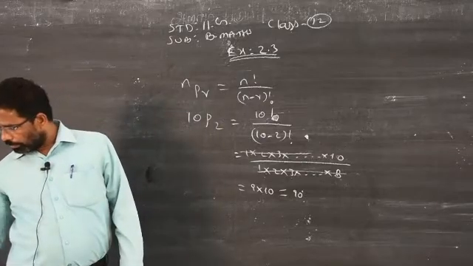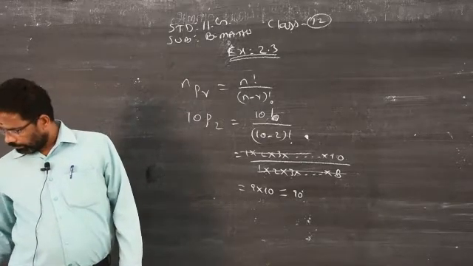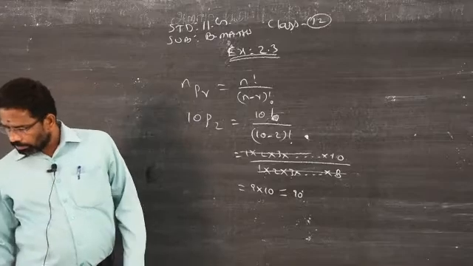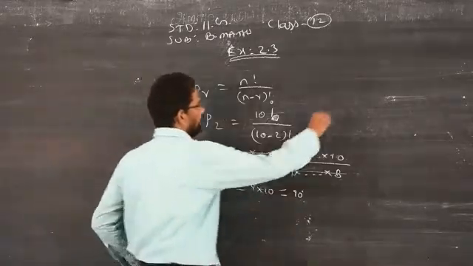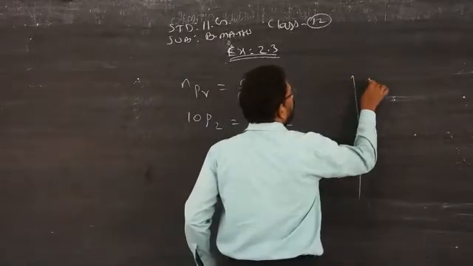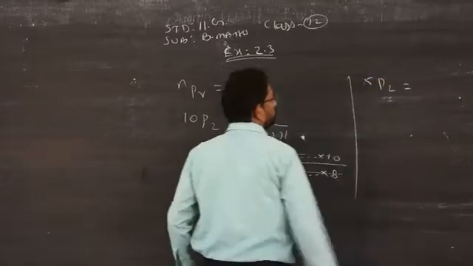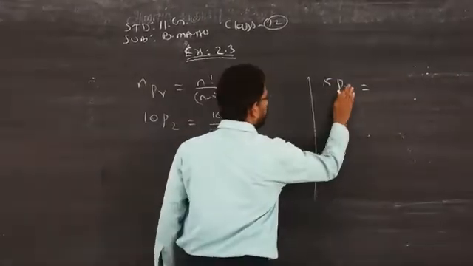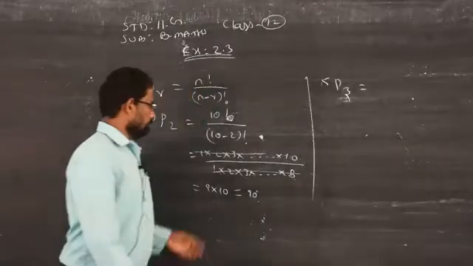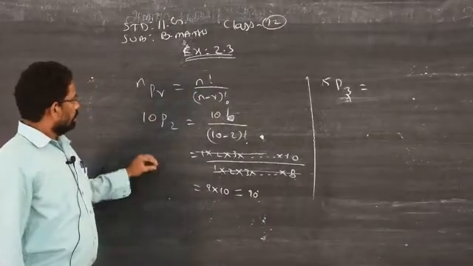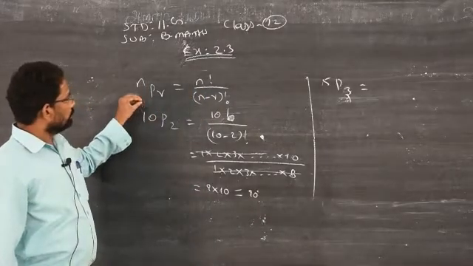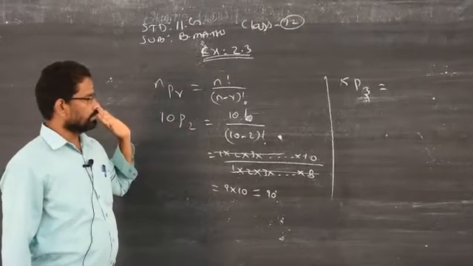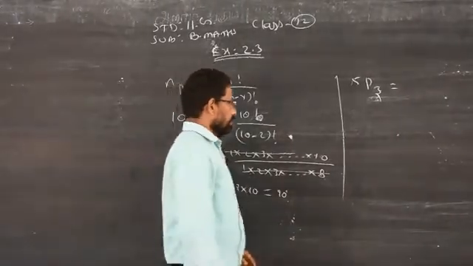We will see one more problem in the same one, 5P3. This is just an example, you should know how to find the permutation for the given values. Clear? It is not there in the textbook.